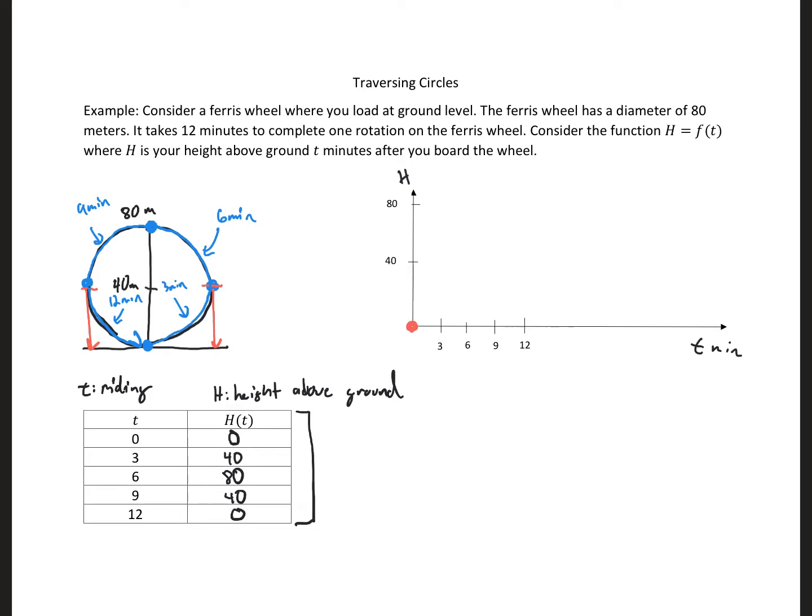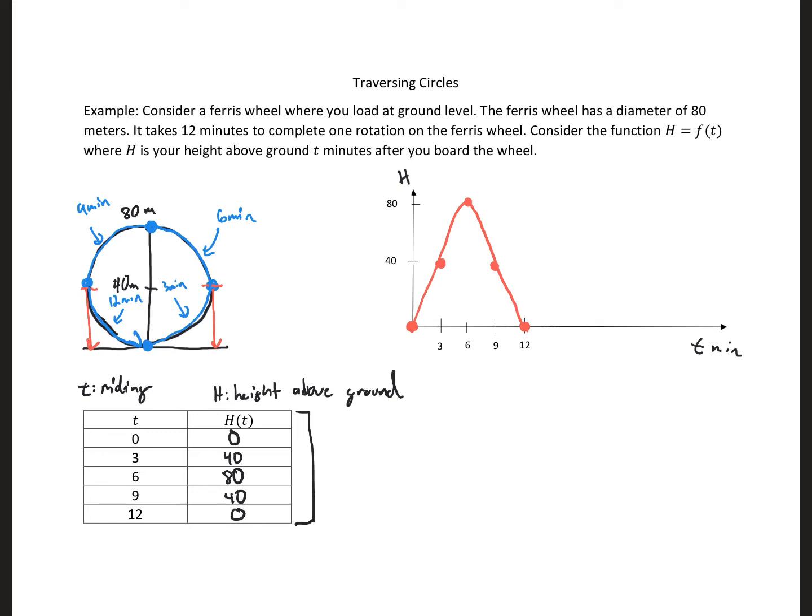After 3 minutes, I'm at a height of 40. At 6 minutes, I'm at the top of the Ferris wheel. At 9 minutes, back to 40 meters. And at 12 minutes, I'm back to the ground. This is one trip around the Ferris wheel.